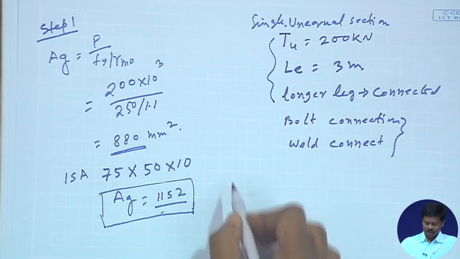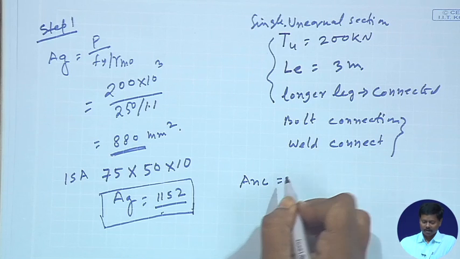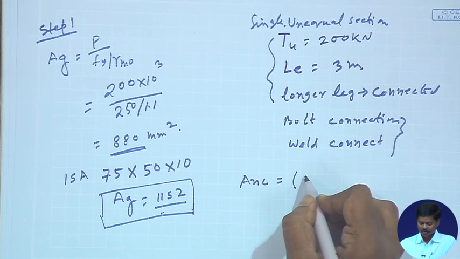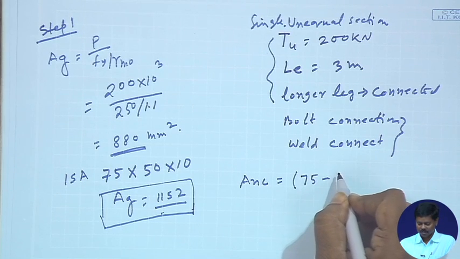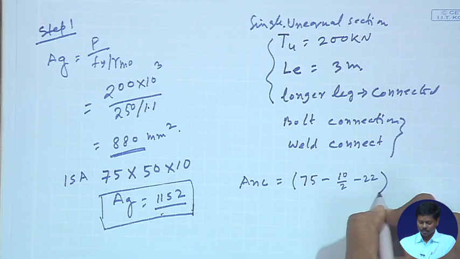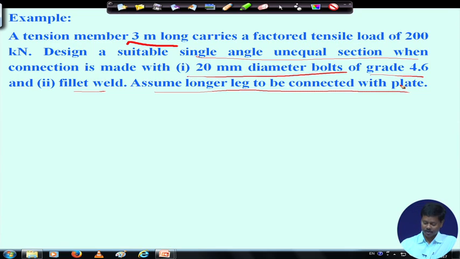Right. So, here again we can find out Anc, the net area of the longer leg which is connected to the plate. Anc will be 75 minus 10 by 2 minus 22. Okay. Here we have considered 20 mm diameter bolt.